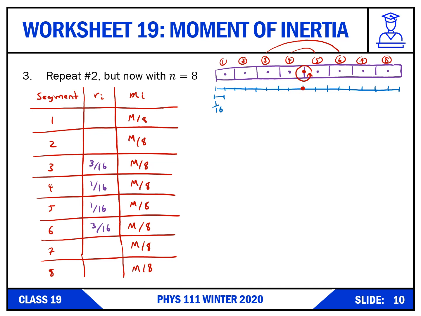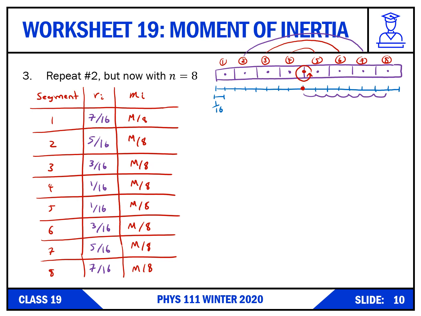We have 2 and 7 being 5/16ths away from the center of axis. And 1 and 8 are going to be 7/16ths away from the center of axis.